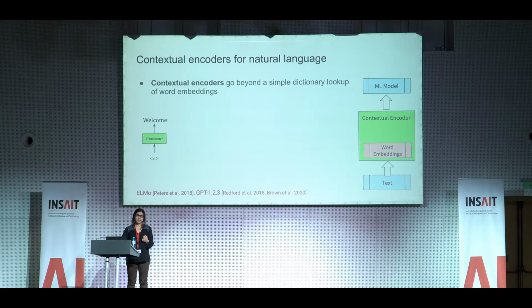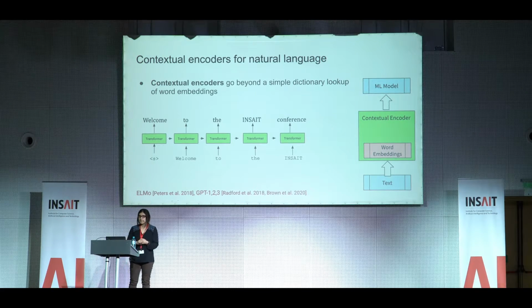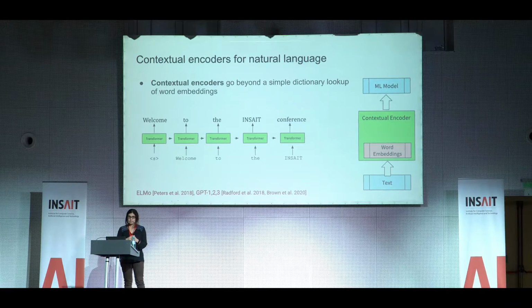For example, we can train a contextual encoder of a neural network, for example, a transformer, to learn to predict the next word given the previous words in a sentence from large data. So it turns out this is very powerful, and we can learn to build a vector for every word based on the context on the left with a deep neural network. And it's learning to represent the meaning in the context.